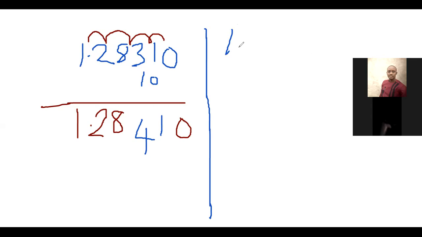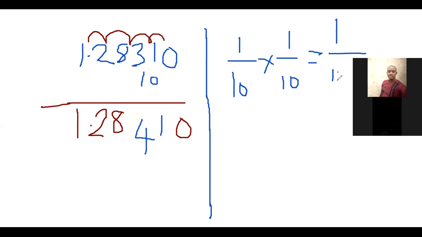A yen pair has a simple formula, and the formula is 1/10 times 1/10. This is 100. So this is 0.01. Yen pairs usually come like this.